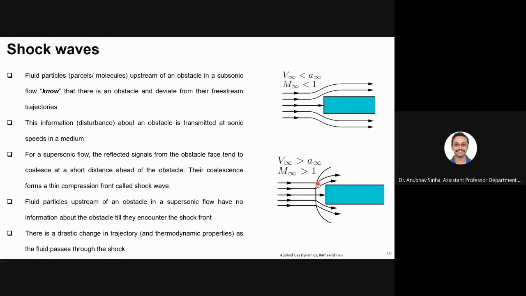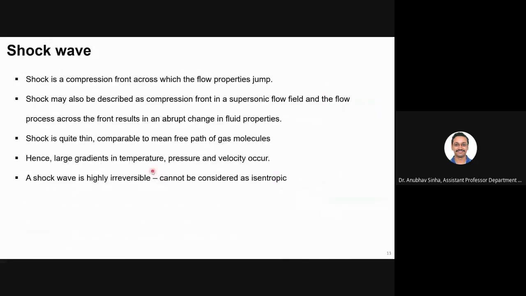So the gradient, let us say del T by del x, will be very large, and that affects the flow in a certain way that we are going to study. So it is a characteristic feature of a shock that we have very large gradients in temperature, pressure, and velocity. These three thermodynamic properties change.